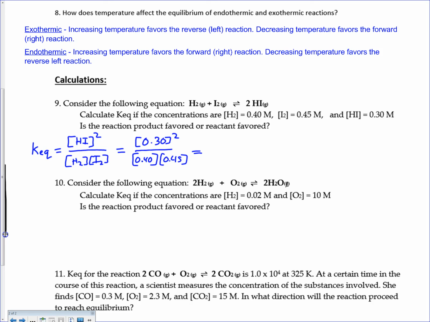On the bottom, you either need to use parentheses or you say divided by twice, or maybe even if you're super confused by the calculator, just calculate the numerator and write that, and calculate the denominator and write that, and then just do an extra step where you have a simplified numerator and a simplified denominator, and just do numerator divided by denominator in the end. That might be the best option for you. So this gives us 0.5. All right, if this is the case, then KEQ is going to be less than 1. And if KEQ is less than 1, that means it is reactant favored.